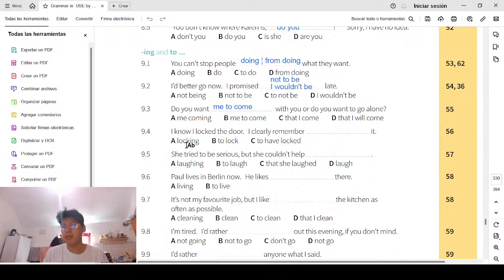Next one. I know I locked the door. I clearly remember locking it, or to lock, or to have locked it. In this case, it's locking, and also to have locked.